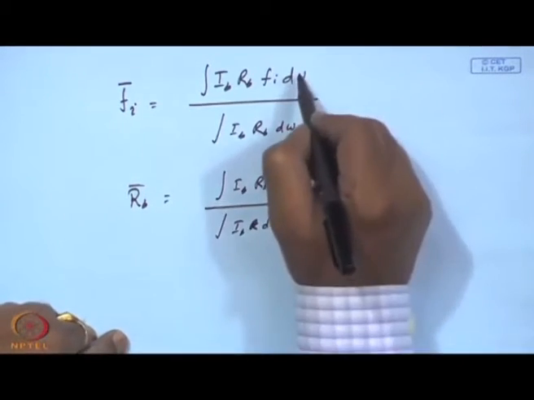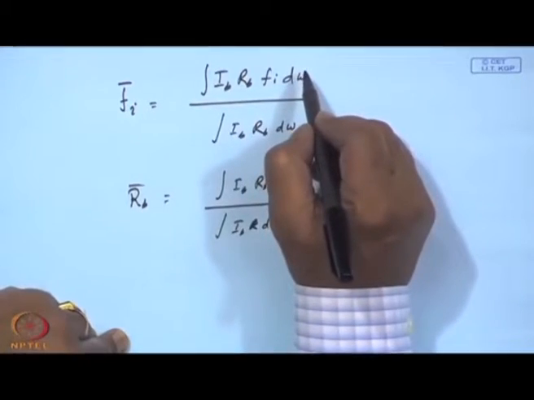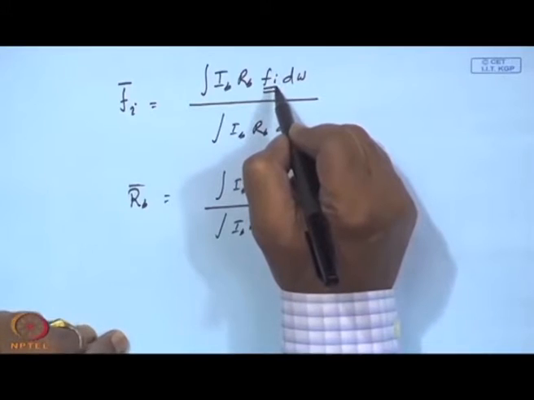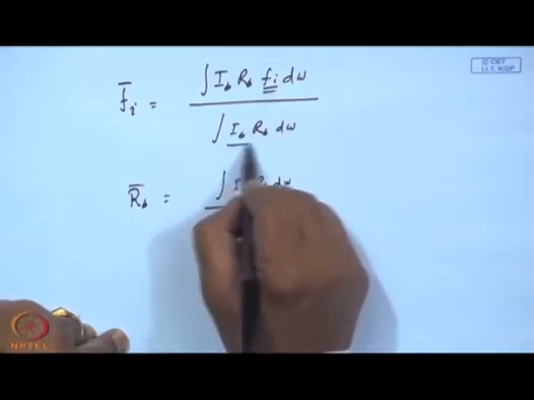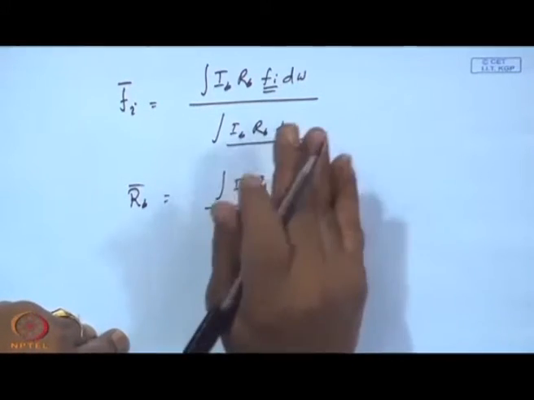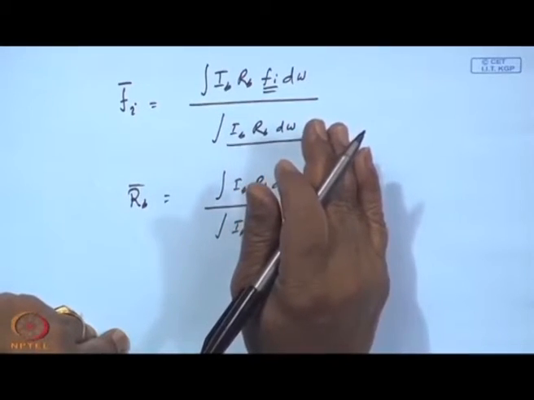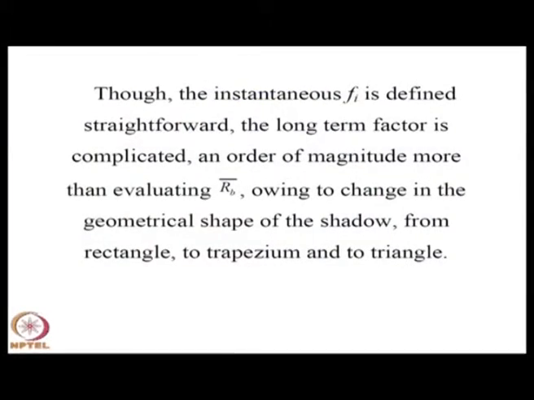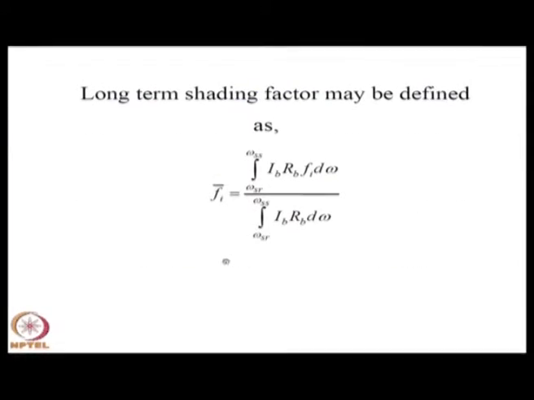This is the total amount of solar radiation falling on the collector, which is shaded by a factor that changes with time, divided by the total solar direct radiation that is likely to fall on the window or the surface if there had been no shading. The shapes we have already described could be triangle, rectangle or trapezoidal.